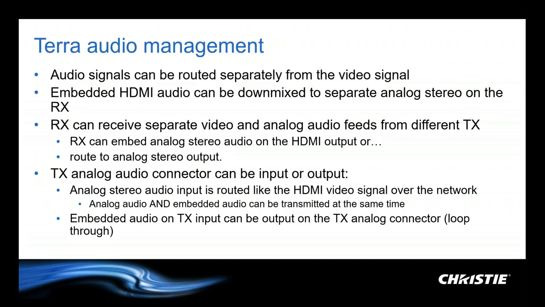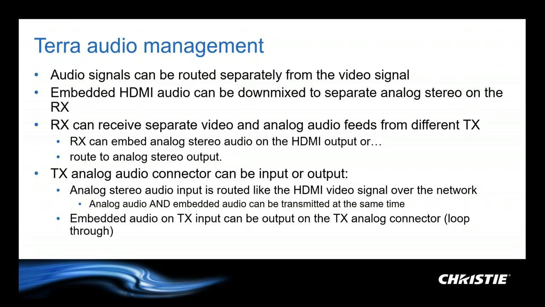It's not just a video matrix switcher, it's an audio matrix switcher, it's a USB matrix switcher as well, and it's RS-232 and infrared and so on, and you can switch all these different types of signals separately over the network, but you're still using just a single network switch.